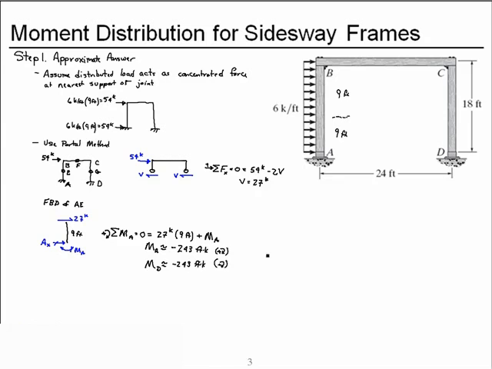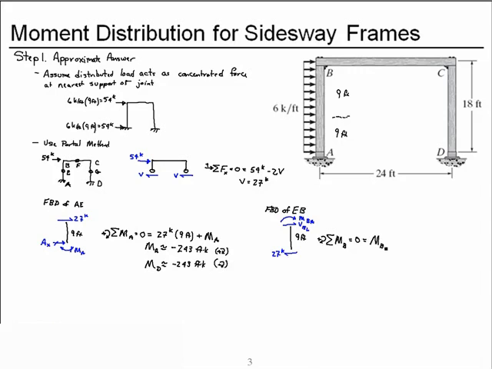Now a free body diagram of EB, the top part of the column. It is also 9 feet. We have the shear of 27 kips, unknown shear at the top, and unknown moment at the top. So let's sum moments about point B. Again, I will choose clockwise as positive for my summation.